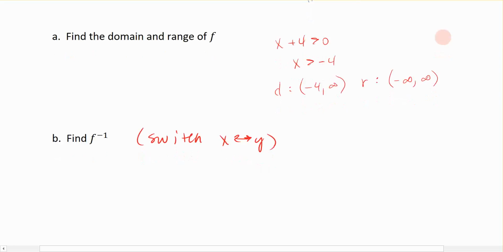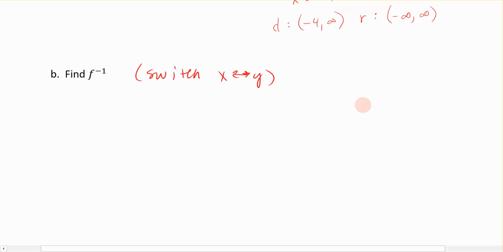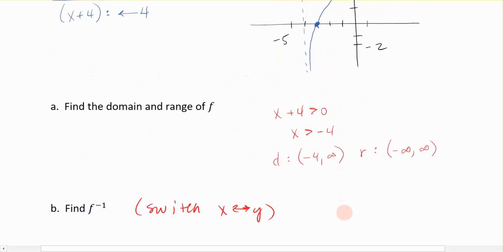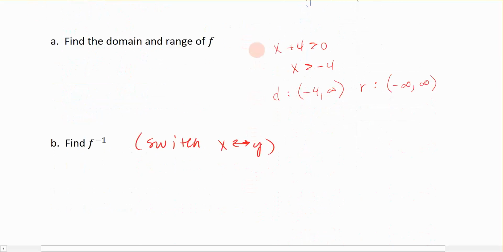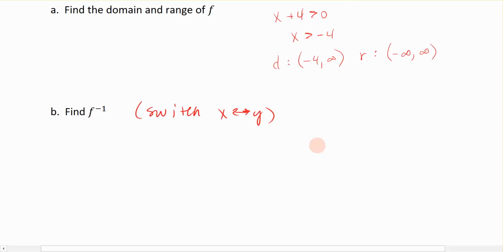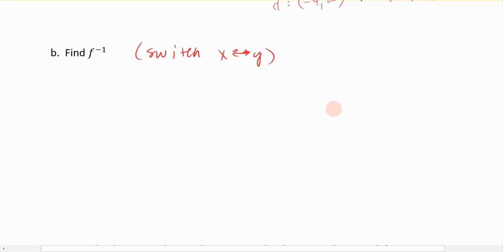The next thing that's being asked of me is, can you now tell me what the inverse function is? Remember that a log and an exponential function are inverses of each other. So by finding the inverse of the function we started with, which was a log function, I should be looking for some sort of exponential function.